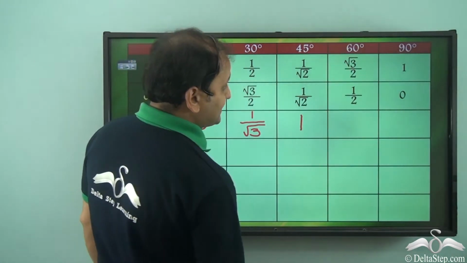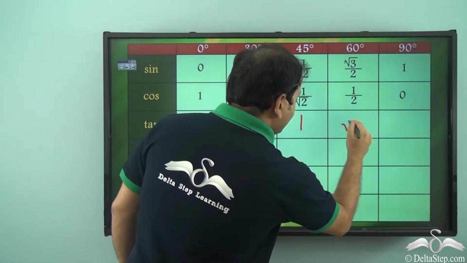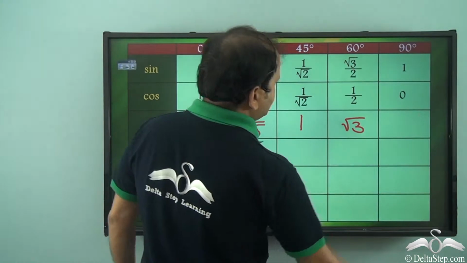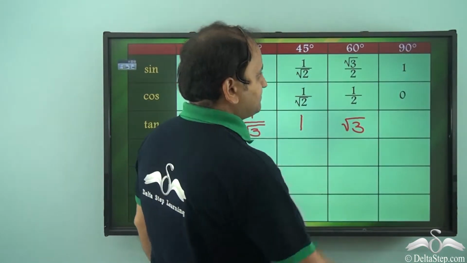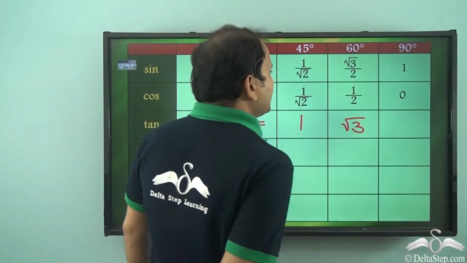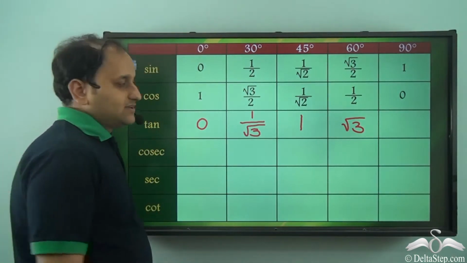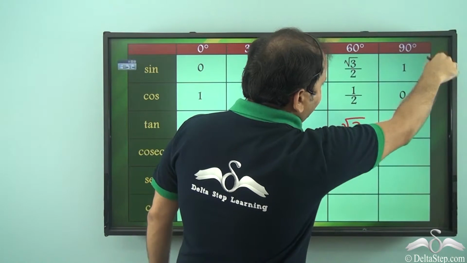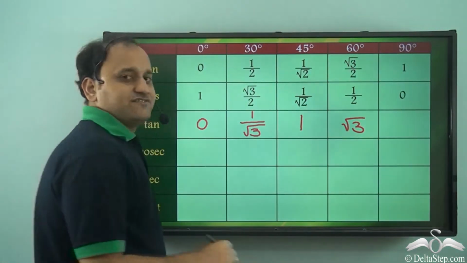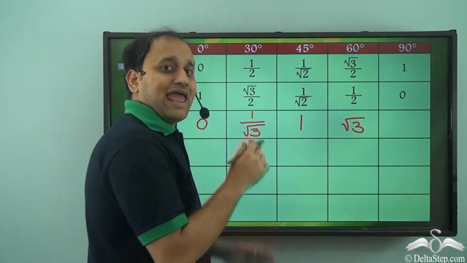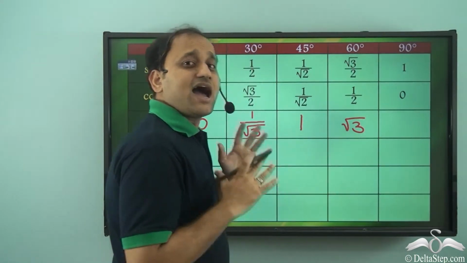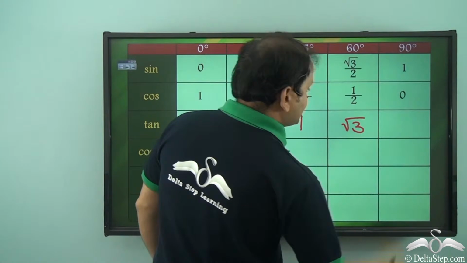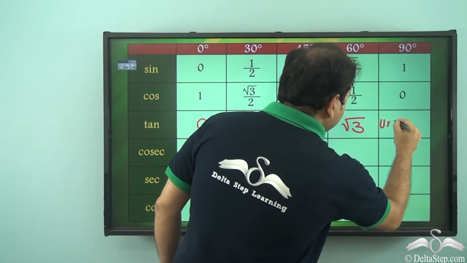So 2 and 2 will get cancelled and we'll have root 3. Now let's come to tan 90 degrees. It will be 1 by 0. Now in mathematics, we do not have any defined answer for this division. That is, whenever we divide any number with 0, it is undefined. So the value of tan 90 degrees is also undefined.